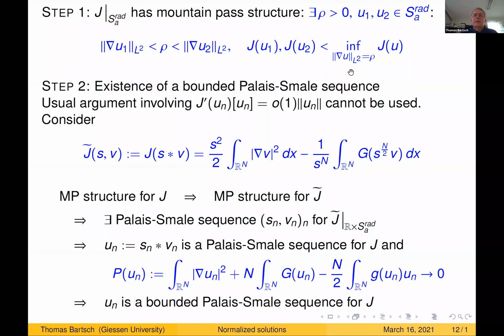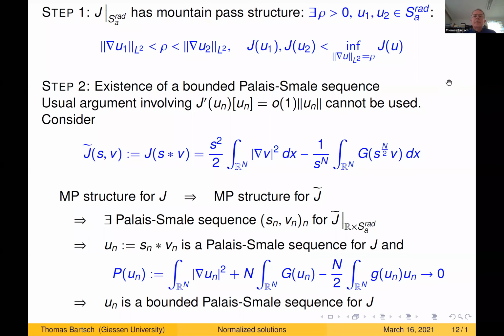So now, of course, once you have this mountain path structure, you immediately get a Palais-Smale sequence. And then one starts with the usual procedure. You prove that it is bounded, pass to a weak limit, and then you hope to arrive at a solution.